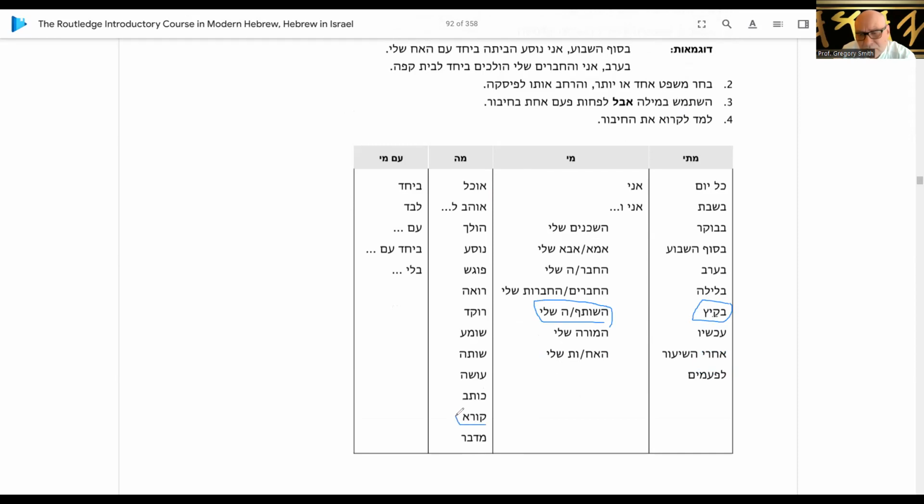About, we would use Koreem here. Kore would be changed to Koreem. Bakaitz, Ashotef Shali, Koreem.